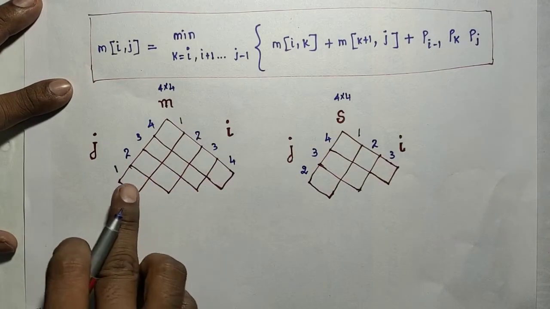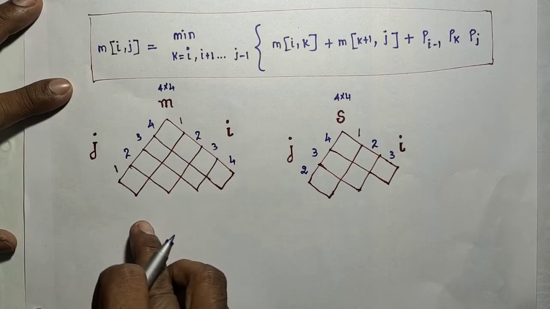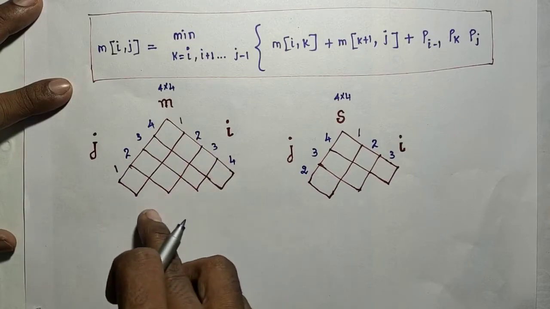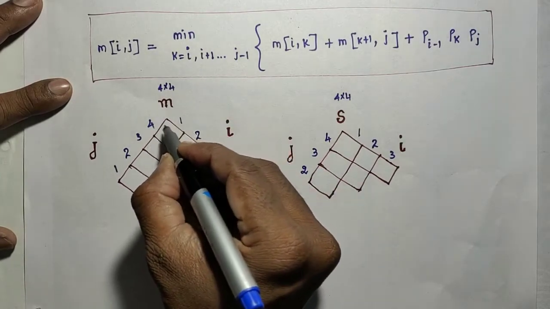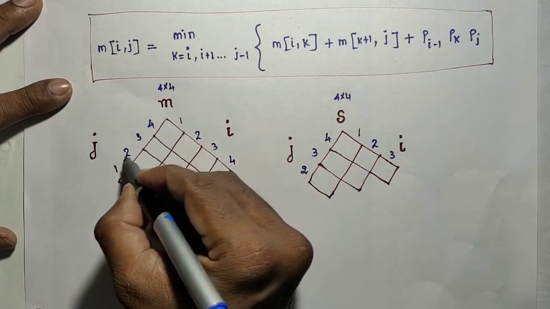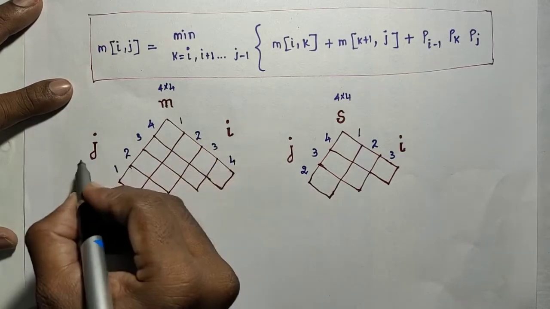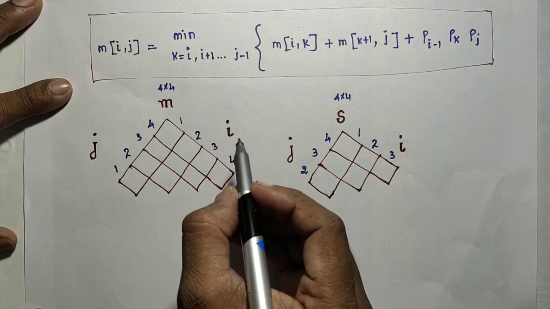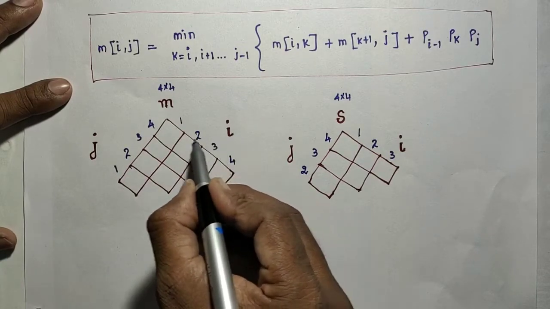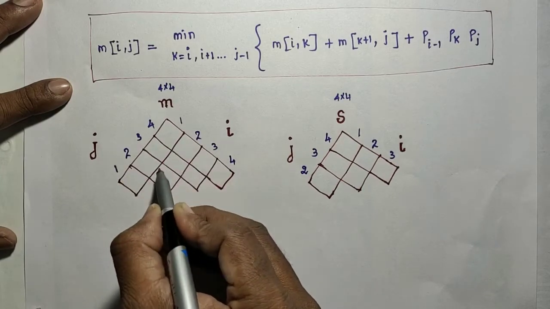But we have drawn only one half. The other half we are not at all going to use. So 1 comma 4, 1 comma 3, 1 comma 2, 1 comma 1, like that only we are going to take. This side I, this side J. If I represent I comma J, for example, M of 2, 3 means this box.